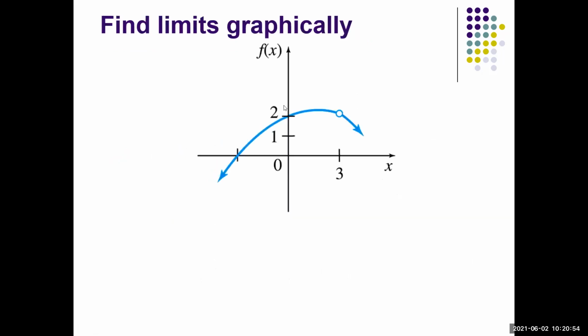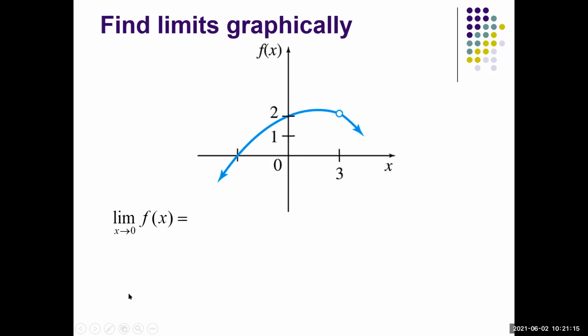Okay. Now let's quickly find the limits of the following functions. This is called the graphical approach. I give you the graph and you figure out the limit when x is approaching some number. For example, when x approaches 0, what is the limit? Right.